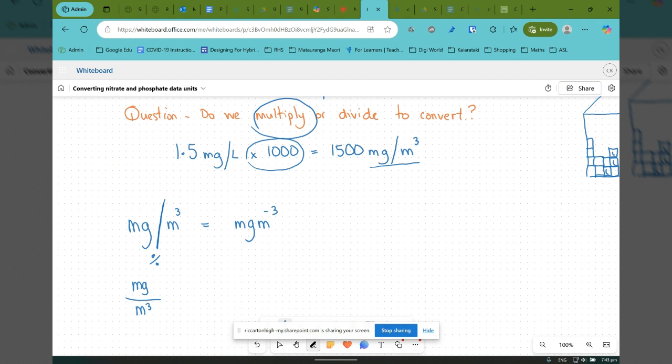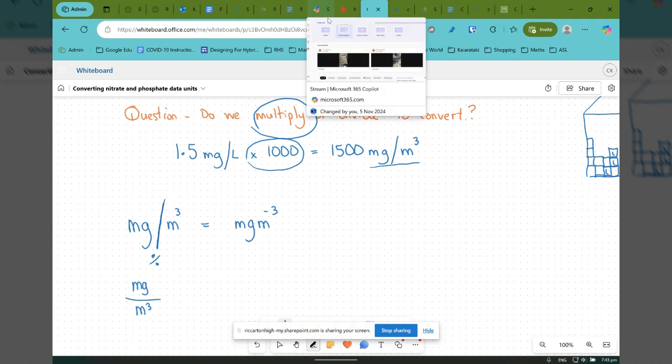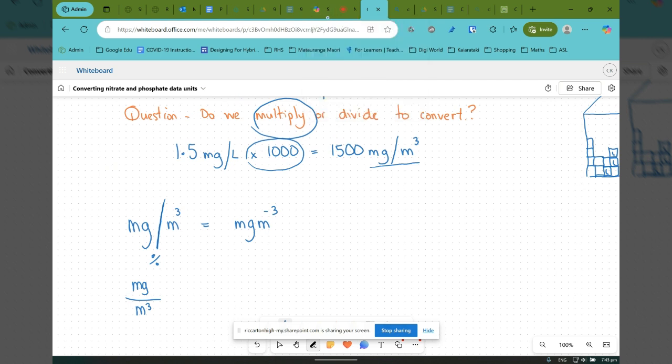And if I wanted to rearrange that equation so that I had the milligram part and the metre cubed part on the same line, I would then be timesing it by metre cubed. And I have to do that to both sides.